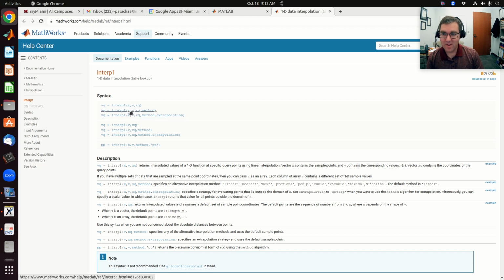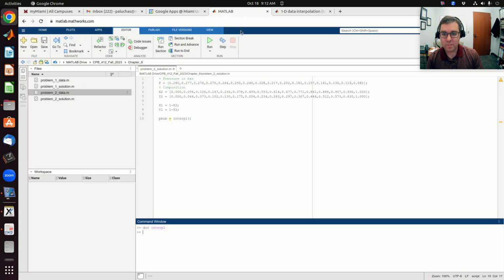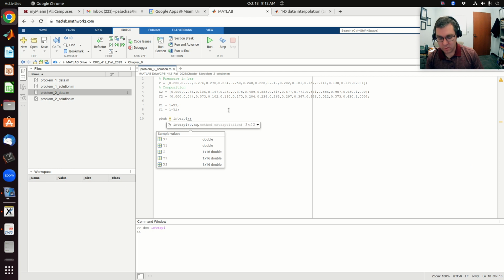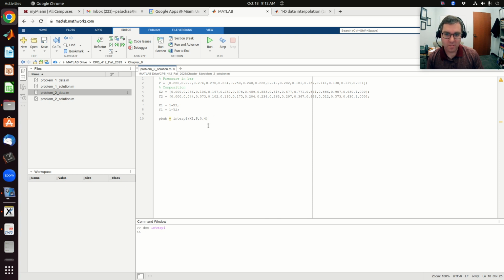So X, Y, then the X I want to use to estimate my value. It's going to be X1. Then my Y in this case is P, and I want to estimate it at, in the problem, a mole fraction of methanol of 0.4. So I type in 0.4, I run it, and I get an answer of 0.2195.